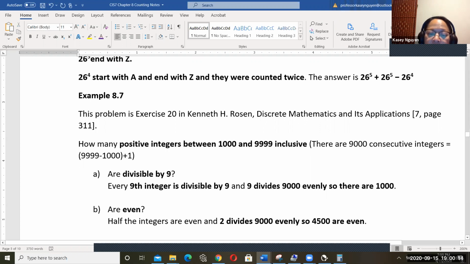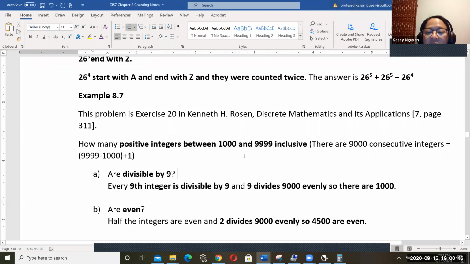So we're looking at this set here. This is the start, this is the end. And if we count up all the positive integers, that will give us 9,000. Now for question A, it asks you how many are divisible by 9? So you know that every 9th integer is divisible by 9, right?